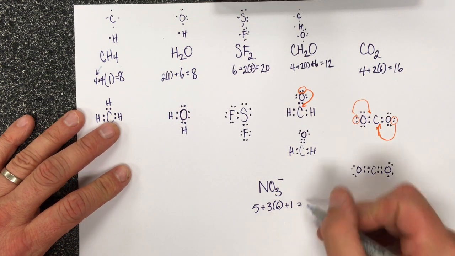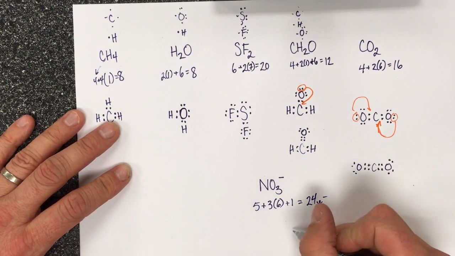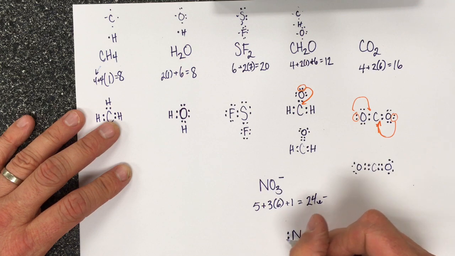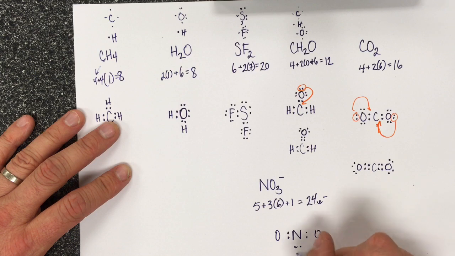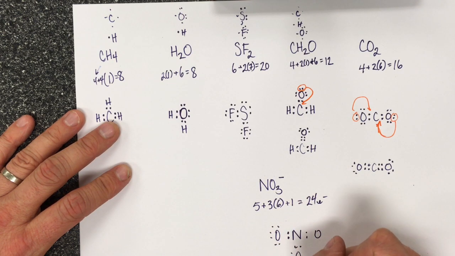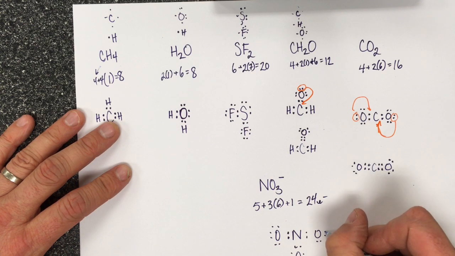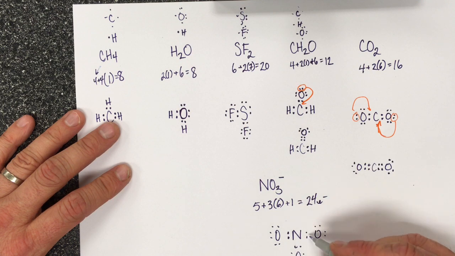So this is actually going to end up being 24 electrons for nitrate. Nitrogen is my central atom, bonded to an oxygen, bonded to an oxygen, bonded to an oxygen. Fill up my oxygens. And that's now 8, 8, 8 is 24, but my nitrogen doesn't have enough electrons. It only has 2, 4, 6.